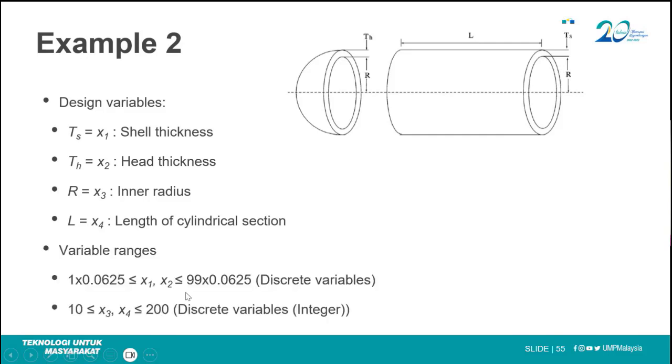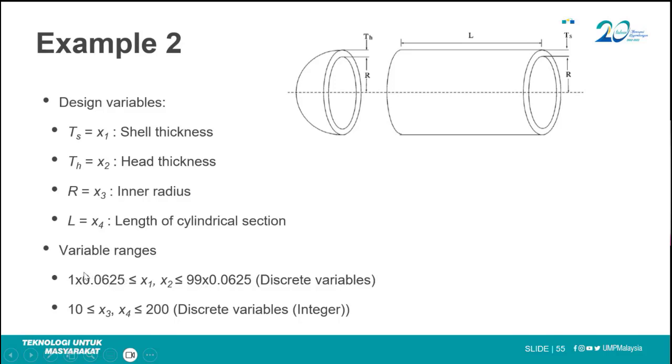For the variable ranges, X1 and X2, the shell thickness and head thickness, consist of a set of discrete values from 1 times 0.0625 until 99 times 0.0625.